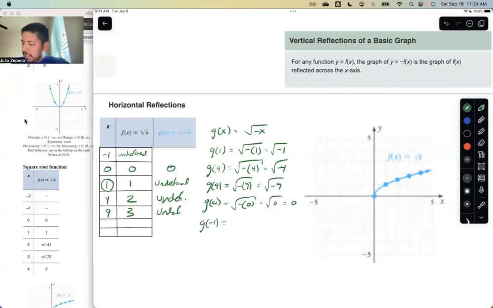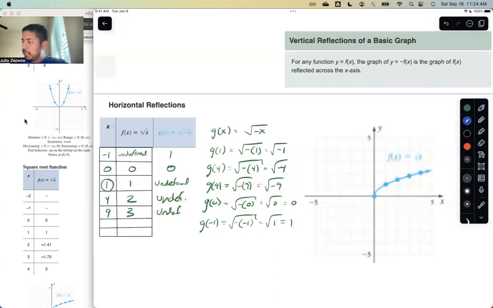And you can probably see that, wait a minute, if you plug in a negative, the negative that's inside of the square root is now going to cancel out the negative. These two negatives cancel, and we get the square root of 1, which is just 1. So g of x is defined for negative x values. Because of the negative inside of the function, it will negate the negative of the x values, and therefore you'll be able to take the square root.